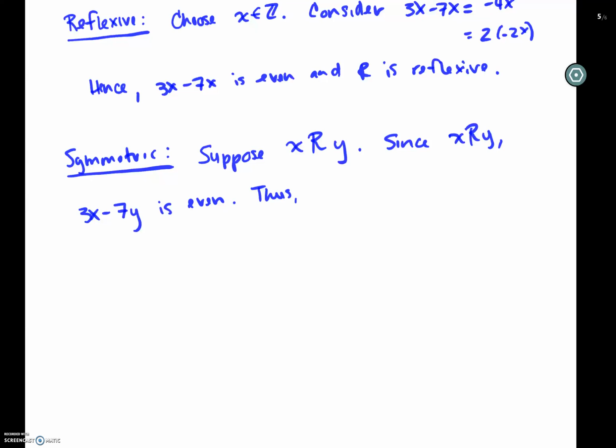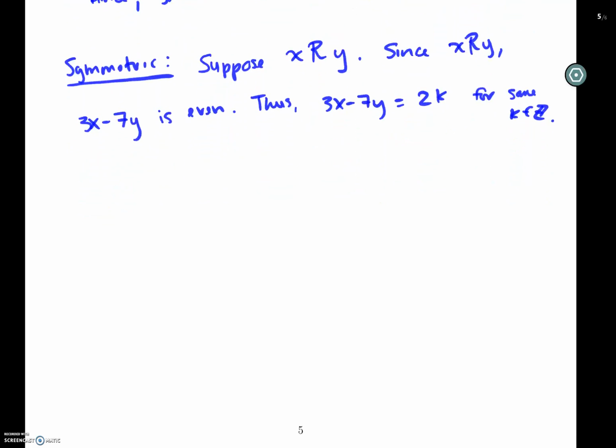Thus, by the definition of even, we know that 3x minus 7y will have to equal 2k for some integer k. Then, we want to consider 3y minus 7x. Well, another way we could write that would be to write it as 3x minus 7y minus 10x plus 10y.